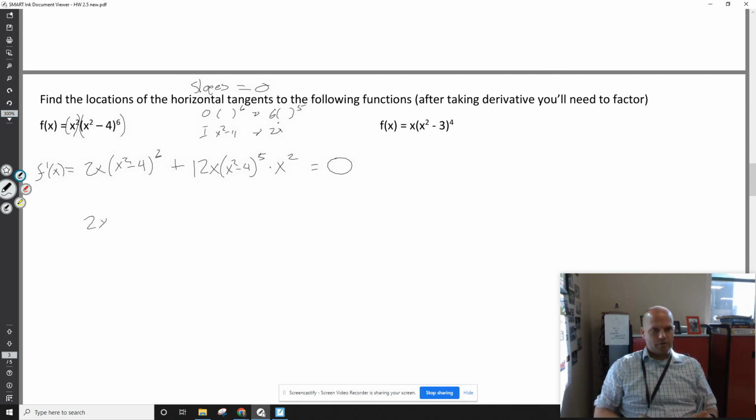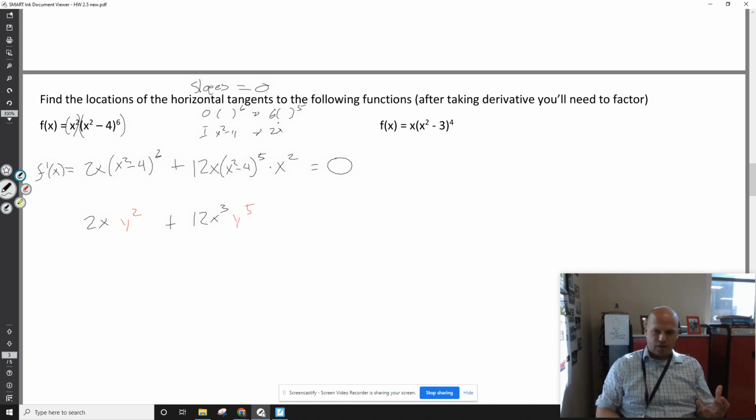Well, I'm going to rewrite this, and instead of x squared minus 4, I'm going to write it as just a y. Okay, I think this really helps students when they see this. Over here, I can multiply the x and the x squared. I can't multiply inside the parentheses because it's to the 5th power. But I do get 12x cubed, and then I'm going to write this as y to the 5th.